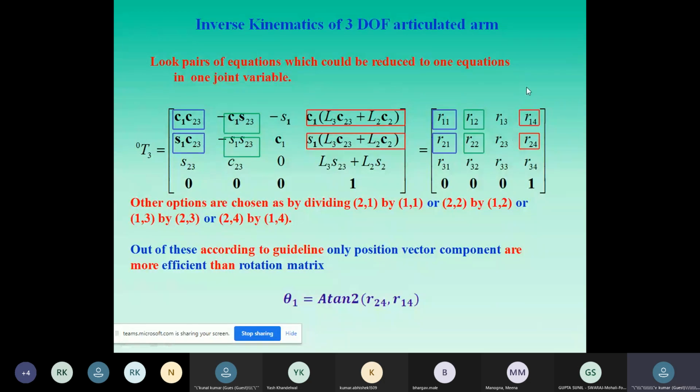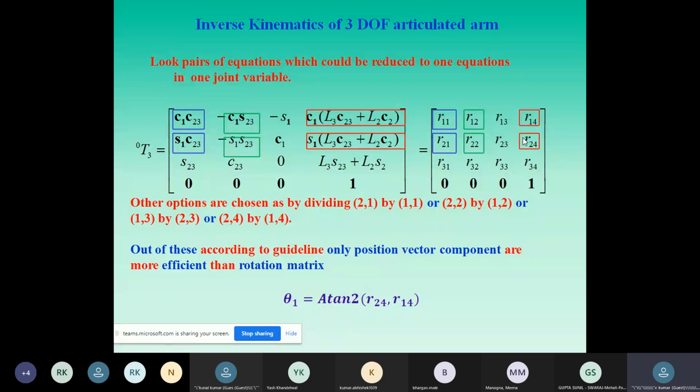C1 into L3 C23 plus L2 C2 equals R14, and S1 into L3 C23 plus L2 C2 equals R24, and then we divide them.